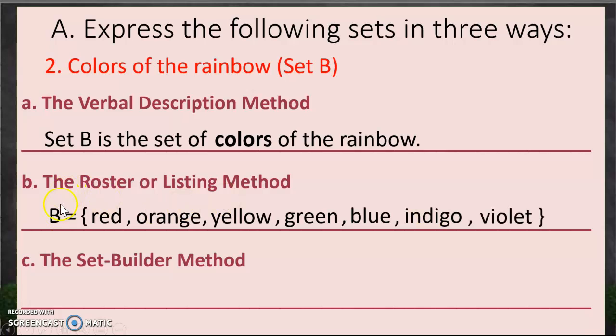Again, the name is in capital letter, equal sign, open brace, and each element is separated by commas. Next, B is the set of all x such that x is a color of the rainbow. Then close brace.